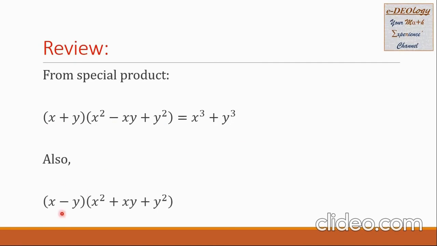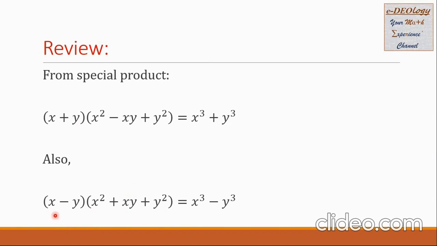Also, when we have the x minus y times x squared plus xy plus y squared, the answer is x cubed minus y cubed. And this is the difference of two perfect cubes. The pattern is the same.